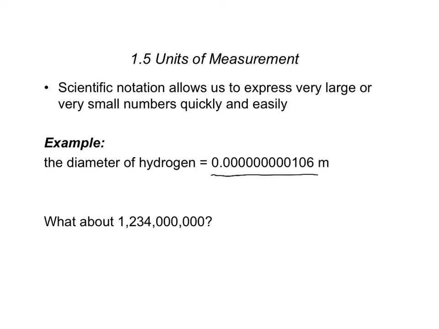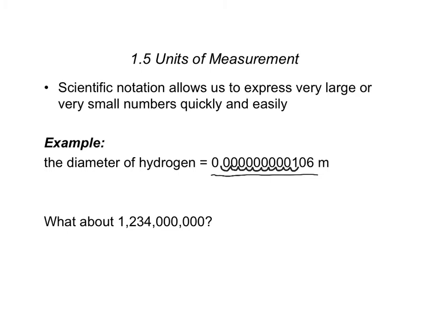Scientific notation, right? So one way to make these small numbers and these big numbers easy is to utilize scientific notation. So when I do that, for this tiny number, this diameter of hydrogen, I'm going to count how many times it takes me to move the decimal 1, 2, 3, 4, 5, 6, 7, 8, 9, 10 to the right of our first non-zero number.